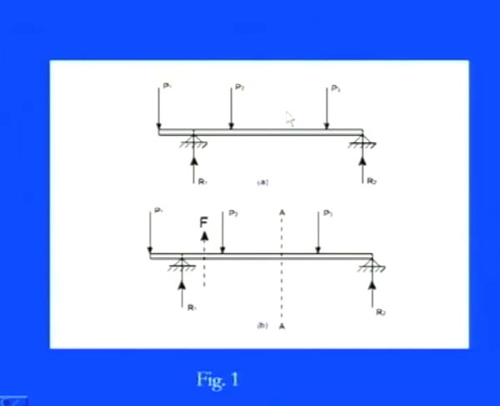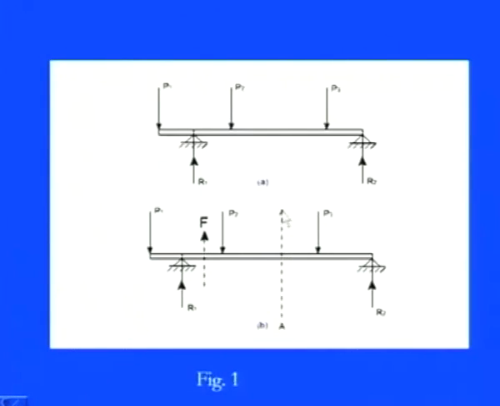We would like to see how the force distribution is there, and under the applied load and reactions, how the stresses are generated or induced in this particular beam, and how we can do the analysis. For that we just want to make it an easy analysis.